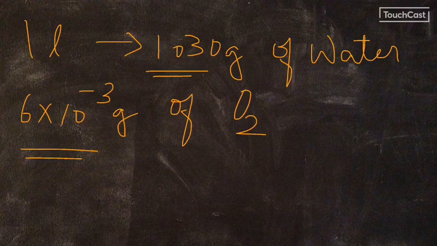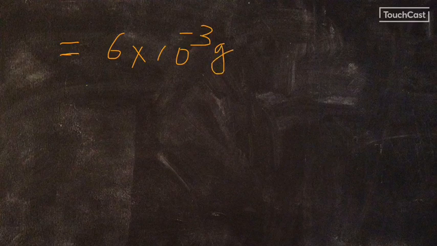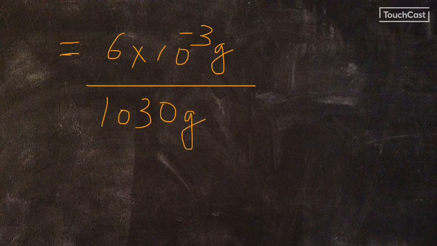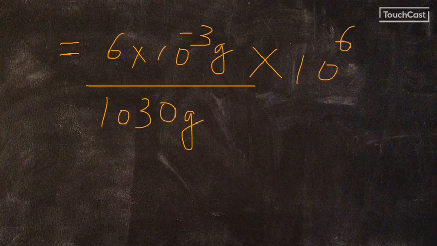For that, we have 6 into 10 raised to minus 3 gram of oxygen. So that is the number of parts. We are converting this mass into number of parts, divided by 1030 gram of water, total parts of all the components in the solution, into 10 raised to 6.